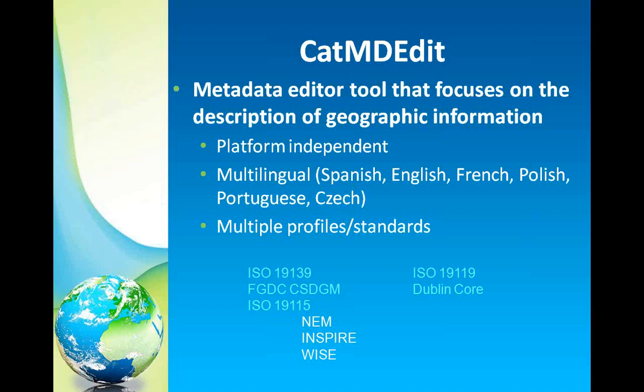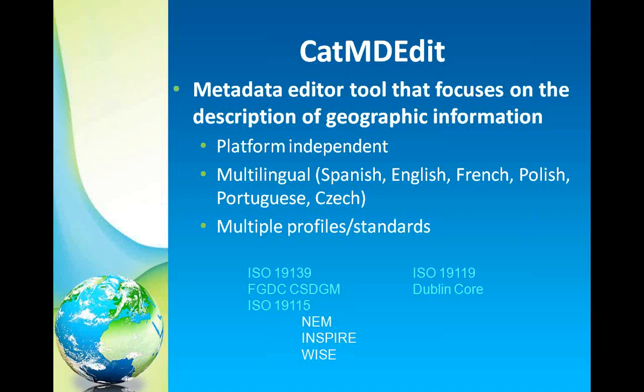It also has the NCISO profile, so it supports the NCISO implementing rules for metadata. This profile has been customized to meet the requirements set up in the directive of the European Parliament and the Council for the spatial information in that NCISO community. It also has a WISE metadata profile, which is the Water Information System for Europe. That is another profile.